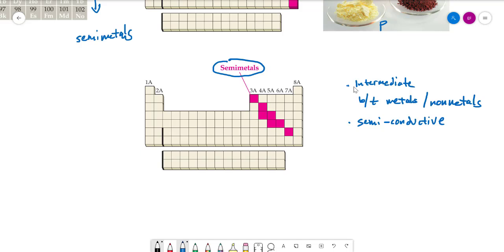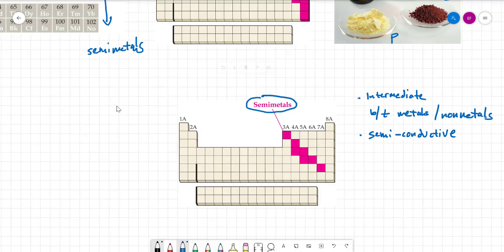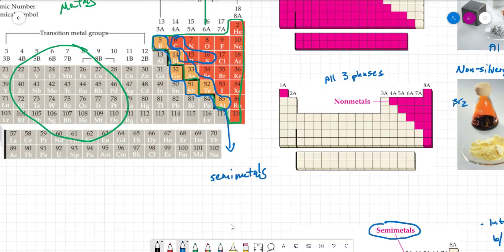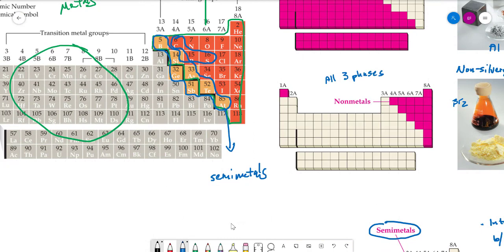So if we go back up to our periodic table, this includes things like Si, which is silicon, boron, germanium, arsenic, tellurium, antimony. It turns out that these are most, if not all, used in modern electronic devices, semiconductor devices. So silicon, as you know, is what's used primarily in photovoltaic devices, but it's also the basis for all microelectronics that run the microchips and the processors in your phones.